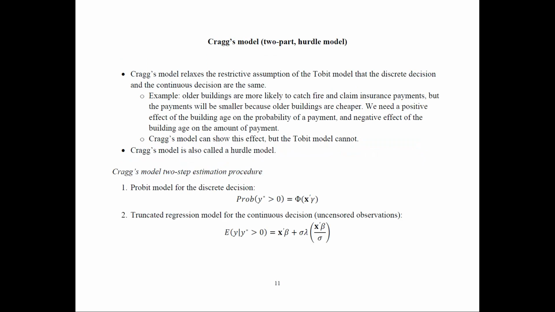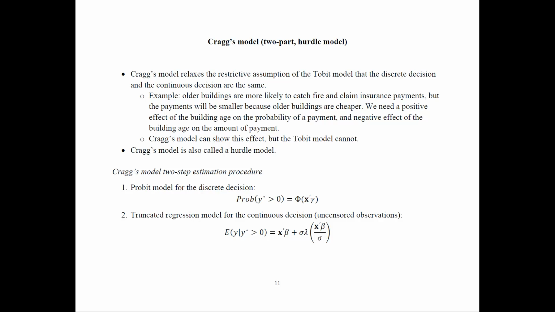Okay, so the Tobit model was the one that had the two decisions together in one model: the zero or positive decision, and then the quantity decision, given that you are in the positive side of the distribution. So here we have Craig's model, also called two-part model or hurdle model.